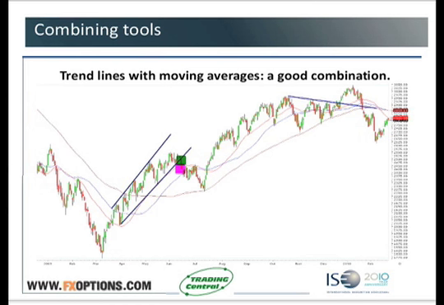So we have two arguments, and I have a stronger confidence to take a short position just there. If I take a short position, it's just there.